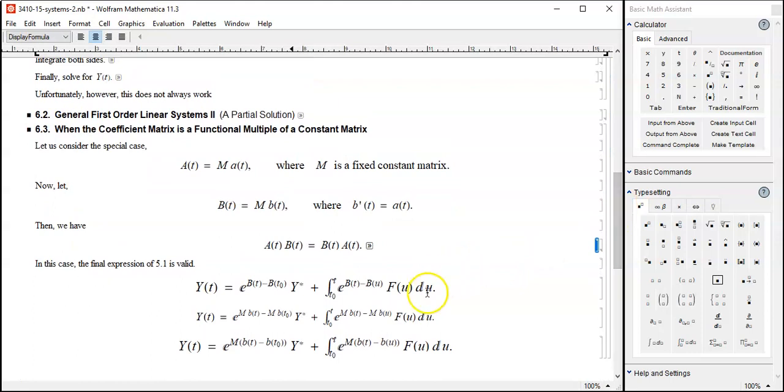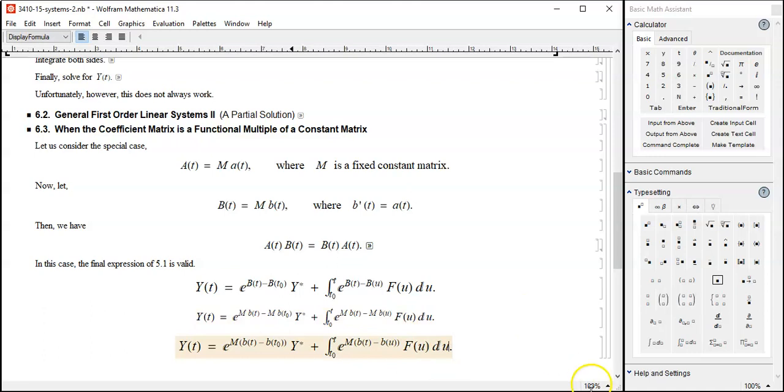So no problem there, and then we can use the same formula that we used before, using the method of integrating factor. You can use this directly, or because this B is M times some antiderivative function b of t, I can rewrite B of t as M times b of t, and B of t0 as M times b of t0 like this, and then factor out, you're going to get this kind of expression.